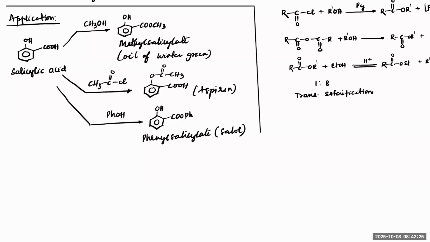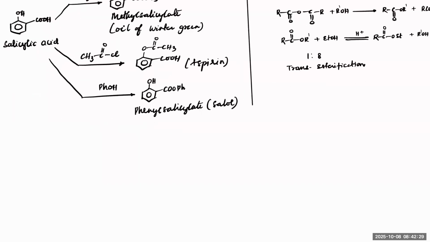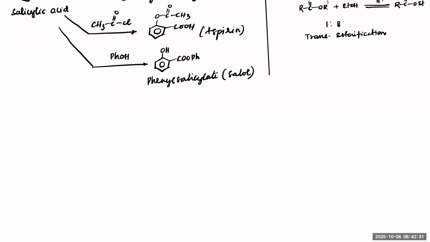Clear? Now, the other type of reaction could be like this. Suppose you have an OH group and an NH2 group, and I use CH3COCl of one equivalent. Where is the reaction most favorable?